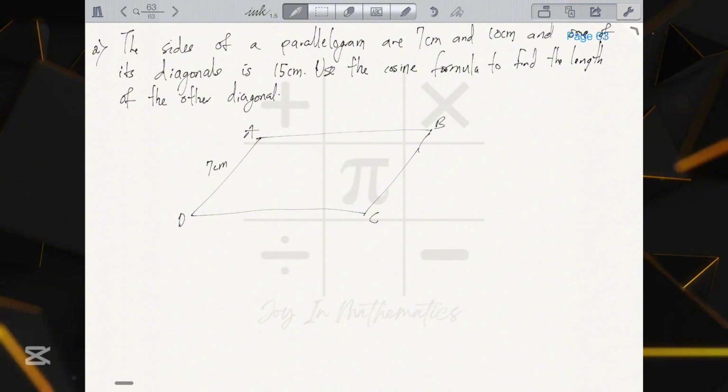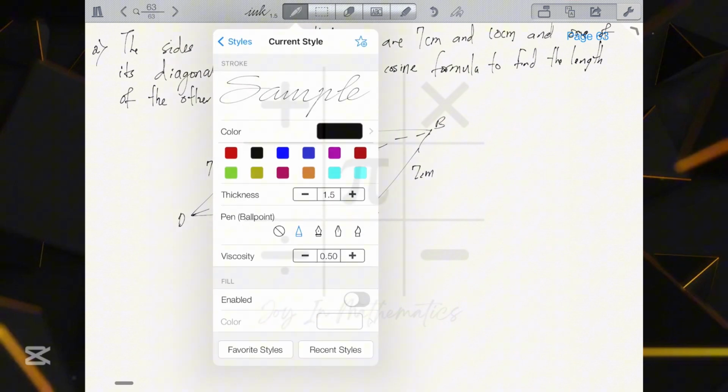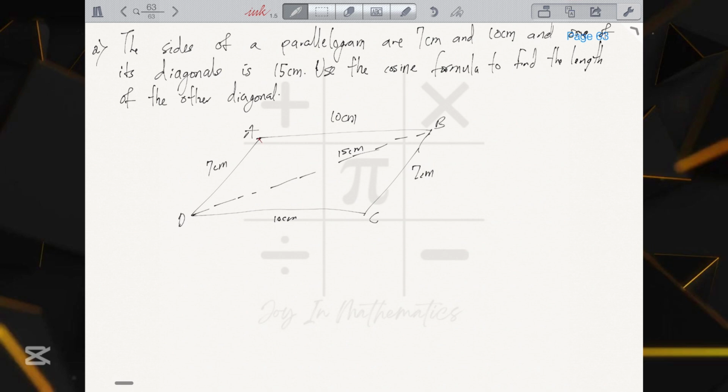So the short side is 7 centimeters and the longer side is 10 centimeters. And one of the lengths of the diagonals is 15 centimeters. So we are saying that the length of the diagonal here is 15 centimeters. And we are now asked to find the length of the other diagonal. So we are looking for length AC.